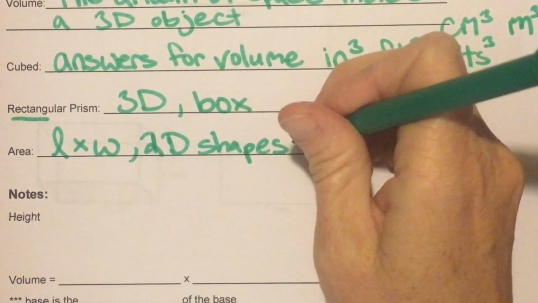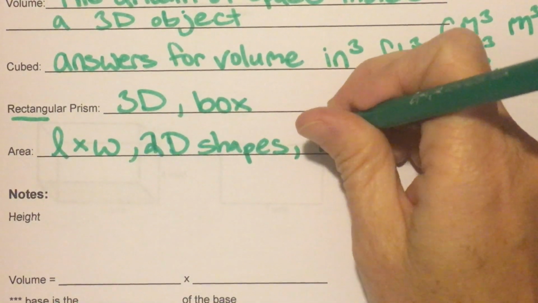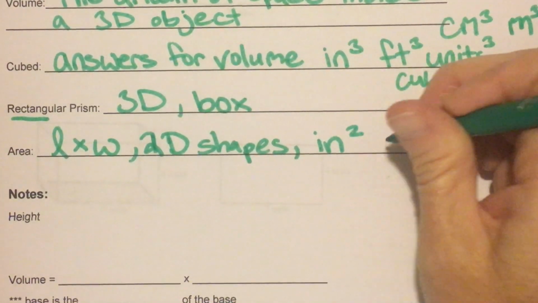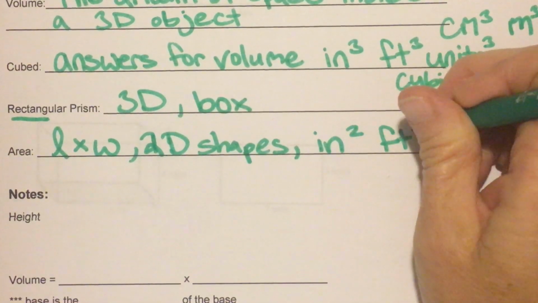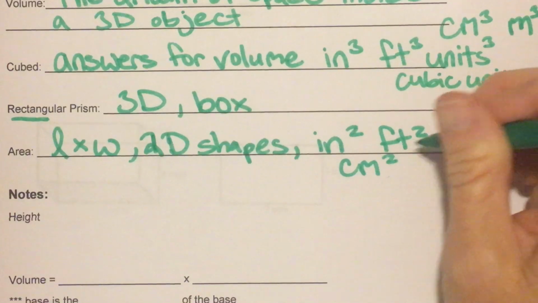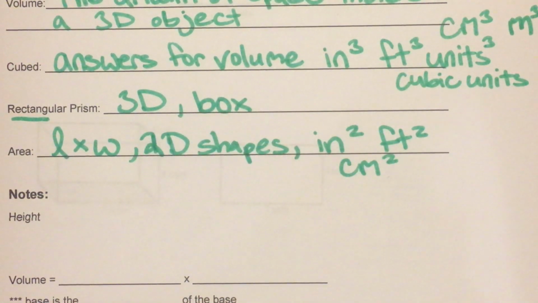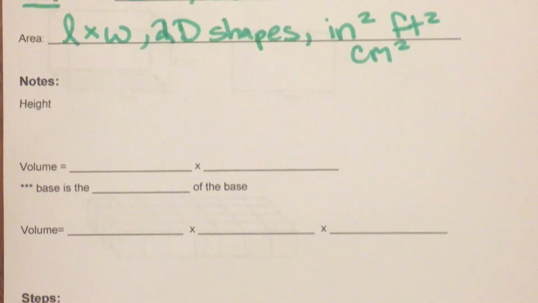The answer for area is not going to be cubed like volume. The answer is something we call squared, like inches squared, or feet squared, or centimeters squared. So our exponent is a 2, whereas with cubed, the exponent is a 3. We're going to move on to our notes.